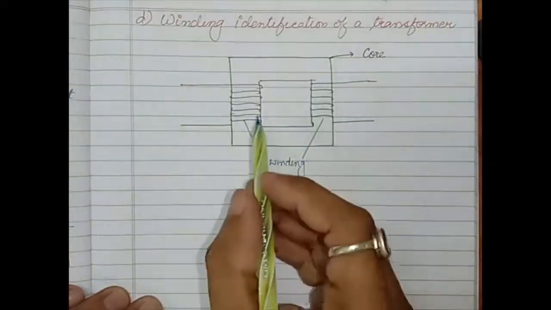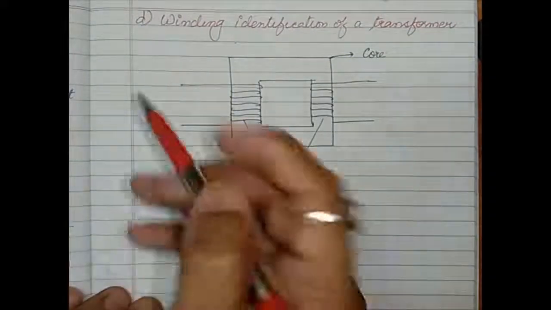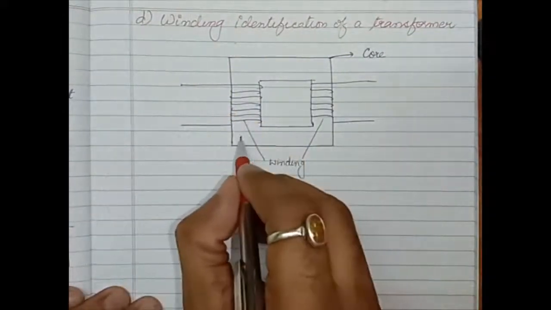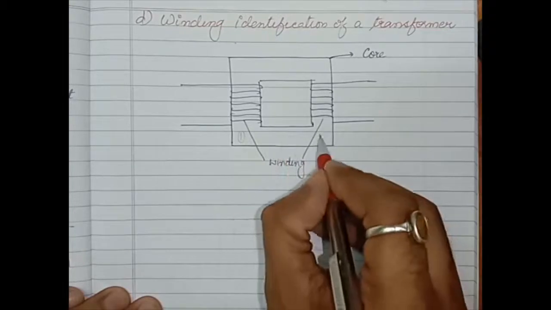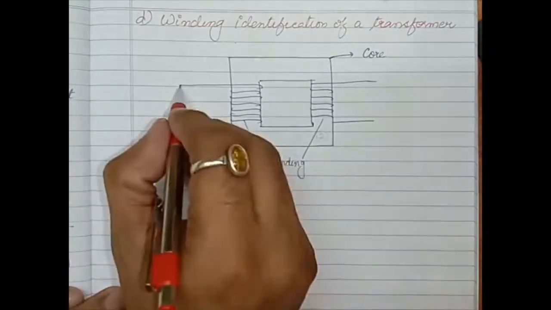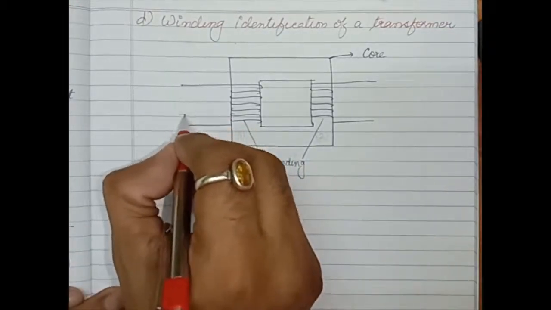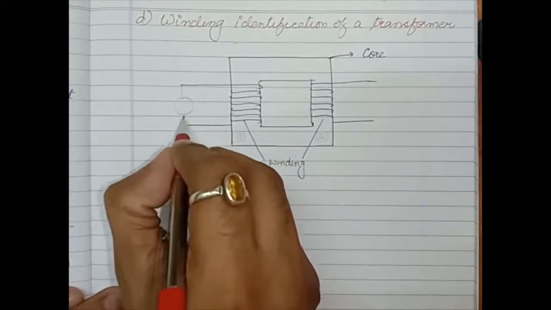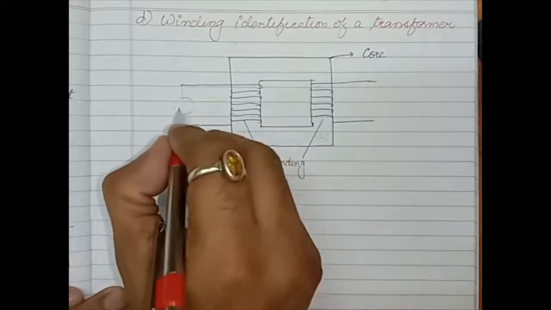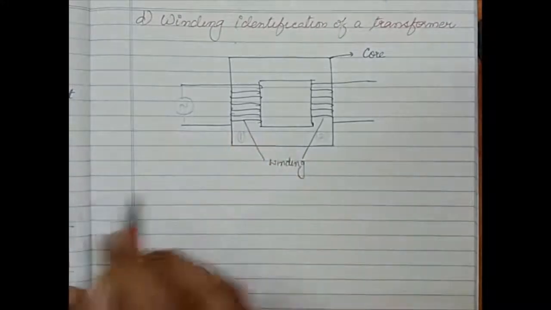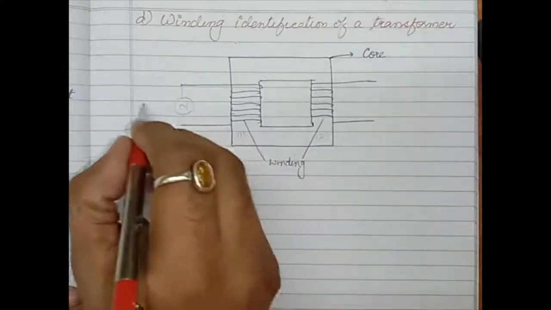Okay, now suppose this is one circuit, this is another circuit. If the source is connected to this circuit, then it is known as the primary winding. And what type of source is it?